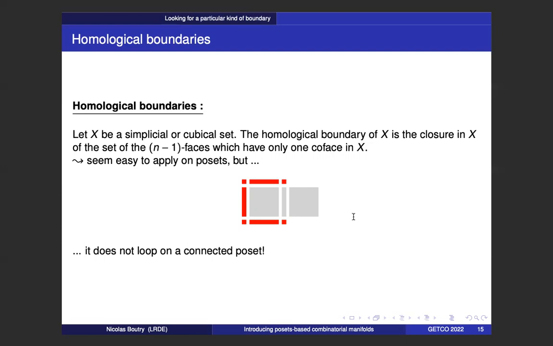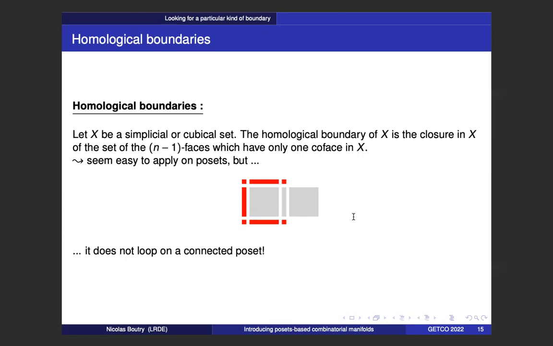The homological boundary of this poset is the set of n-1 faces which have only one coface, and you complete the closure of the set of n-1 faces. You obtain the set in red. The big issue is that it does not loop. And naturally, we want this boundary to loop.